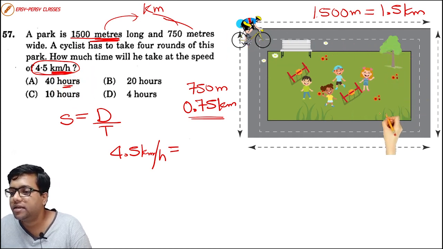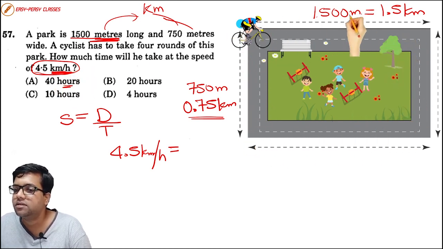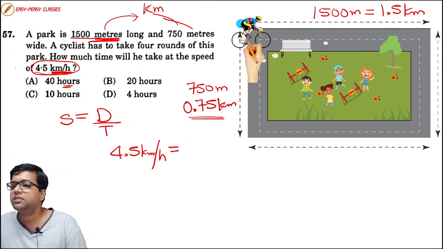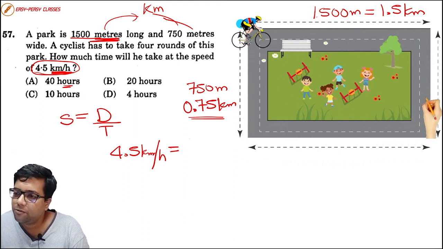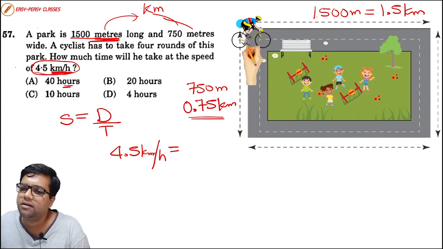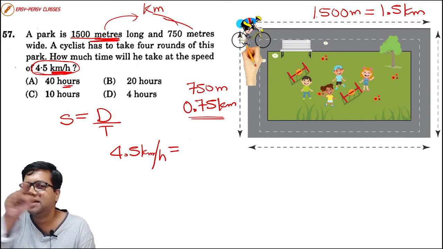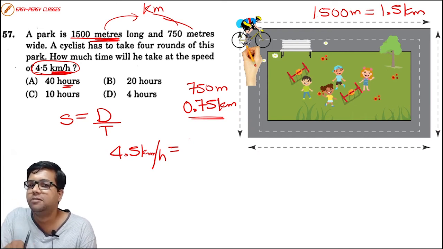In order to make him run 4 rounds, let us understand what is 1 round. If he makes 1 round around this park, isn't he traveling around the perimeter of the park? The park itself is in the shape of a rectangle. That means he is traveling around the perimeter of the rectangle.